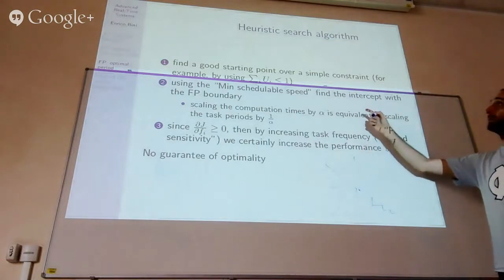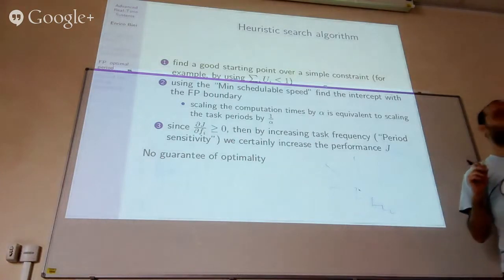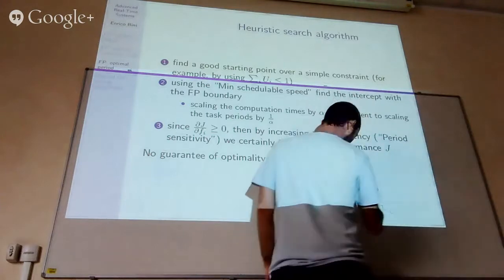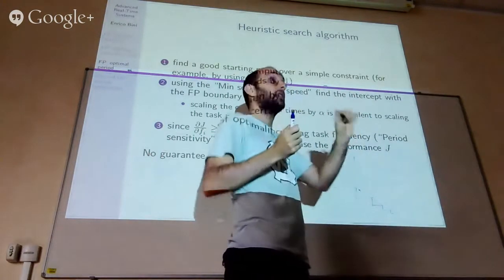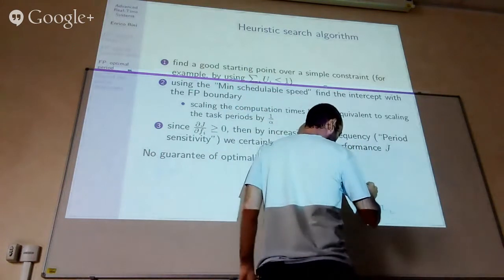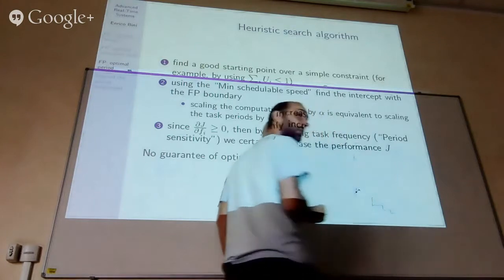Now we use the sensitivity of the minimum speed, which I showed you last class. Minimum speed is the minimum scaling, and the scaling in computation time is the same as the inverse of the scaling of frequency. With the minimum scaling, we find a point where we hit here.